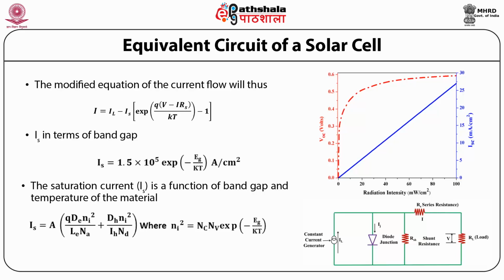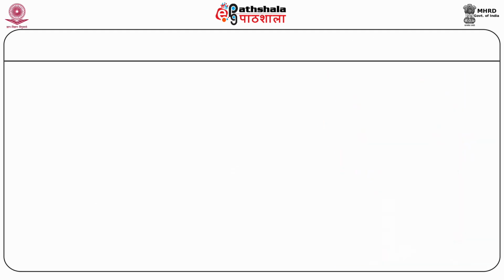So for the maximum value of VOC, your IS should be as small as possible. It may be seen that IS is a strong function of Ni square, which is given by Ni square is equal to Nc Nv exponential of minus Eg by kT.